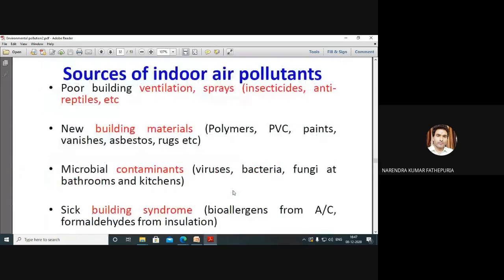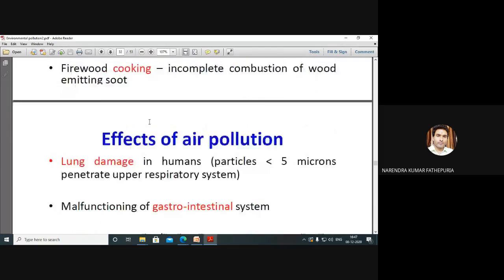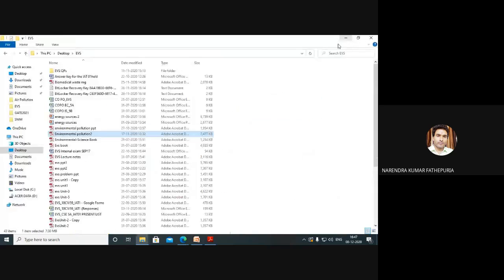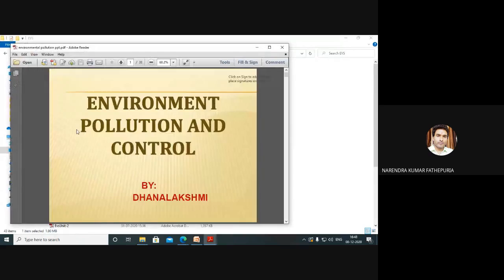So these we have discussed already. Now, we have classified the sources of air pollution into two parts: indoor air pollution as well as outdoor air pollution. So the effect of air pollution we will study. First, we will see the sources of indoor air pollution.